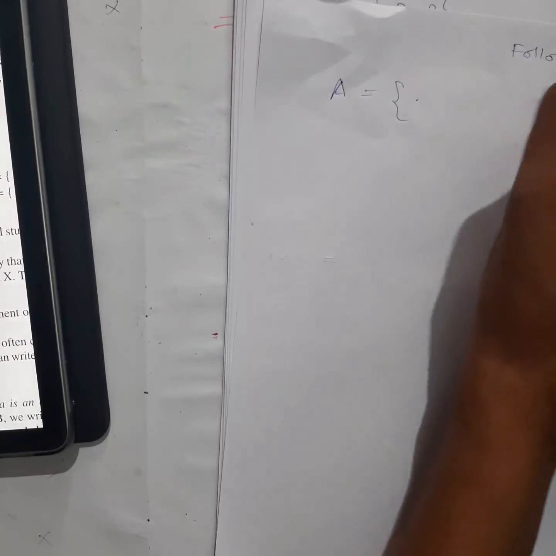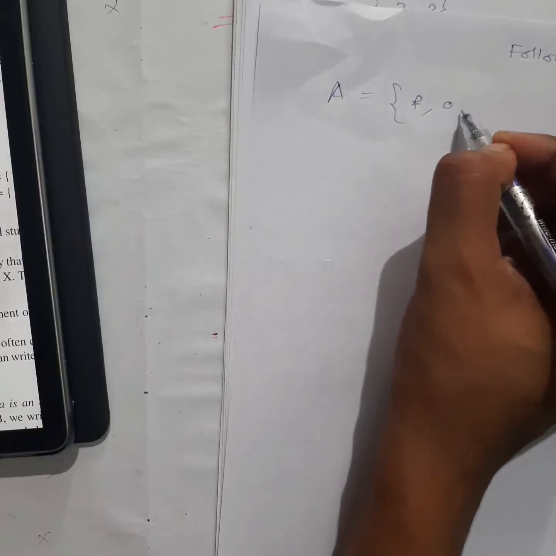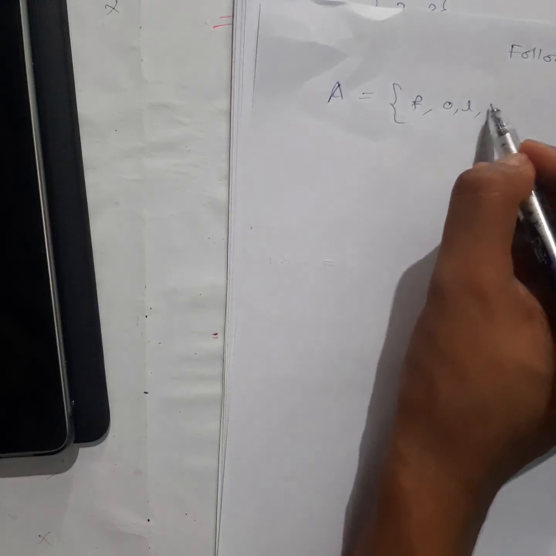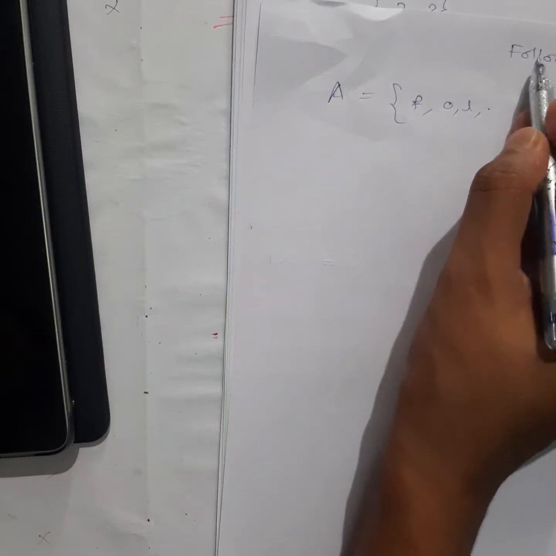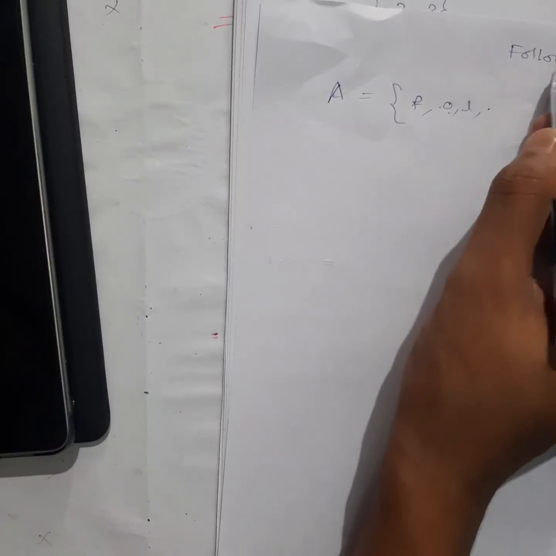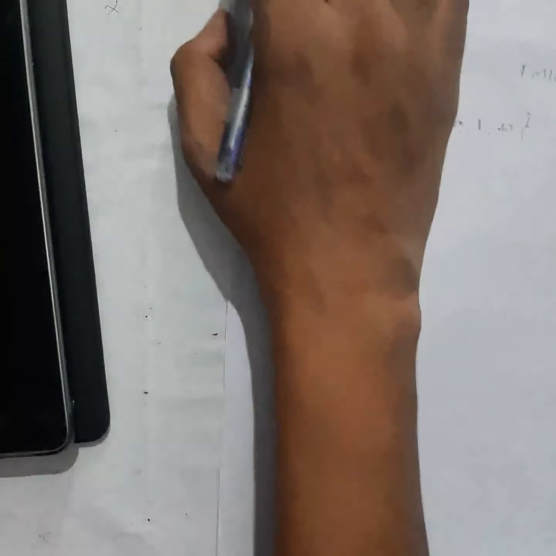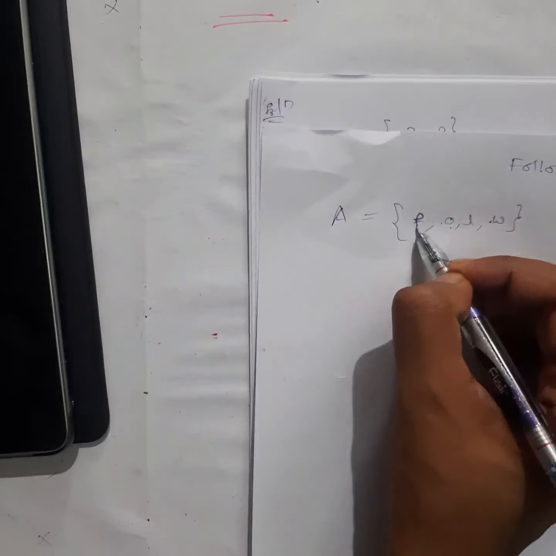So in the word follow, the letters are F, O, L, then L again, but we don't repeat elements, so don't write it. O is already written, so O also cannot be repeated. Next W. So these will be the elements of set A. How many elements do you have? 4 elements.